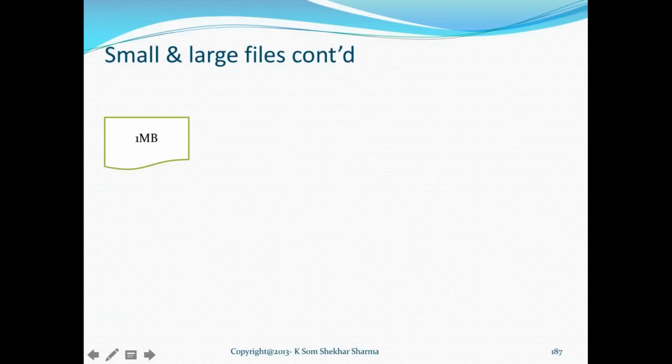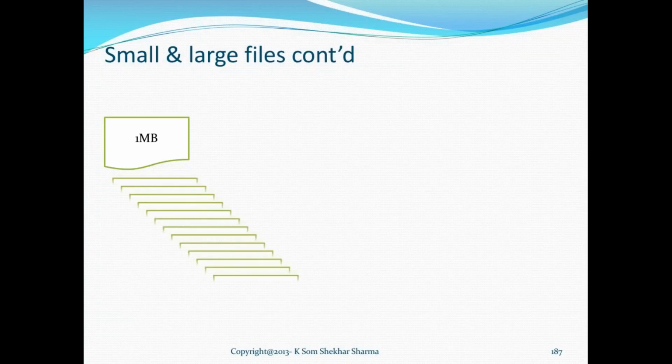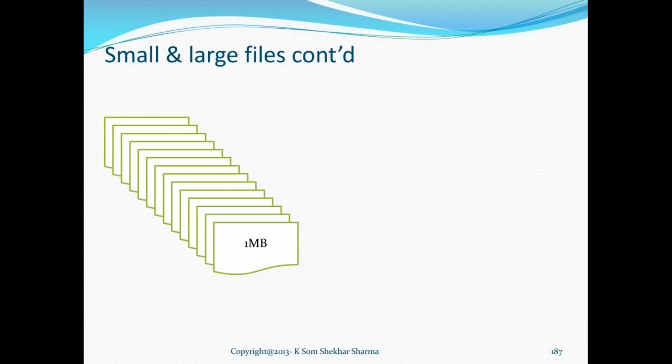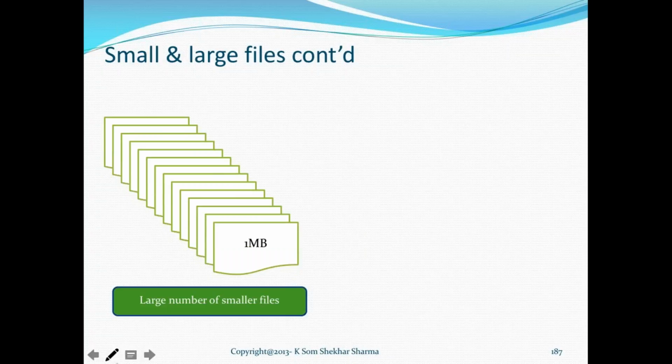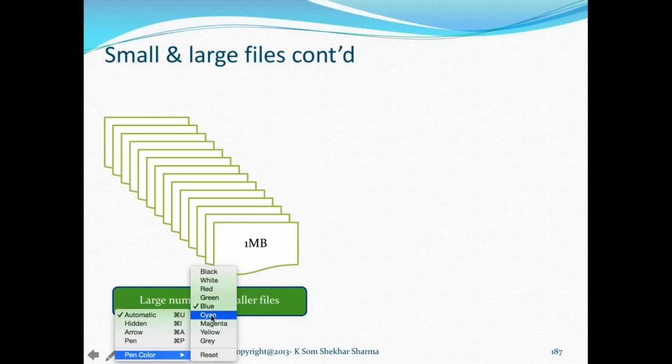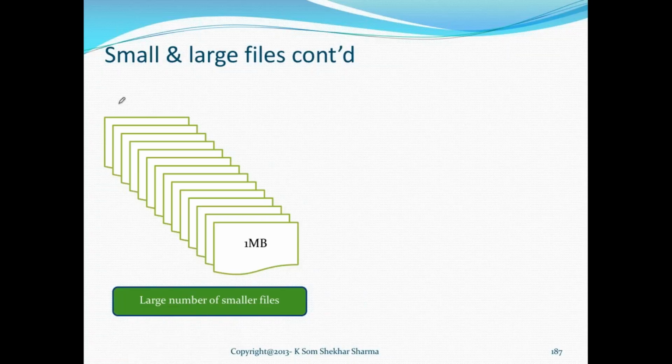Now assuming you have one file of 1 MB. If I have 1,000 such files, then it's 1,000 MB. So you are talking about big data, in fact, but this big data is made up of a lot of smaller files.